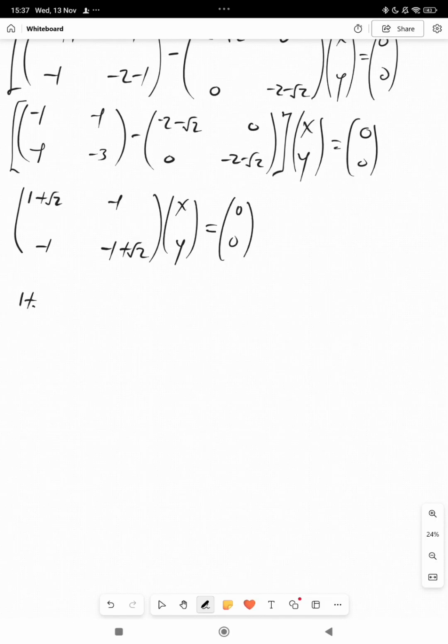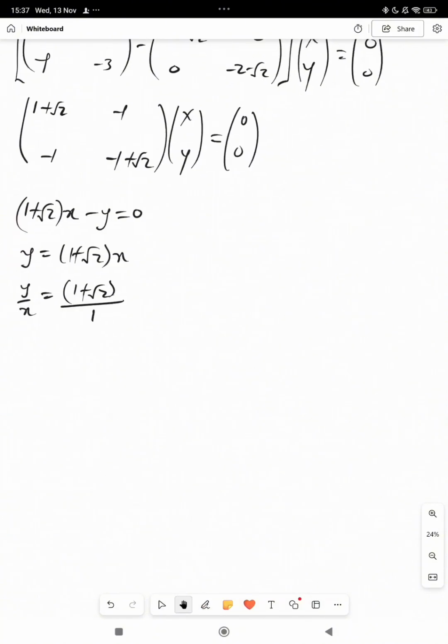We have 1 plus square root of 2 multiplied by x minus y, which is equal to 0. So we have y equal to 1 plus square root of 2 times x. Therefore, y divided by x is 1 plus square root of 2 all over 1.